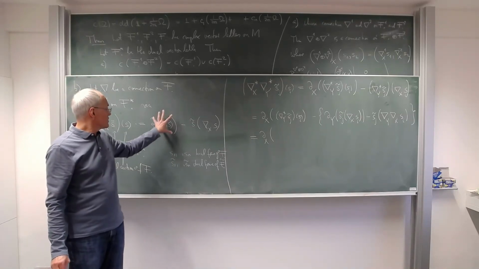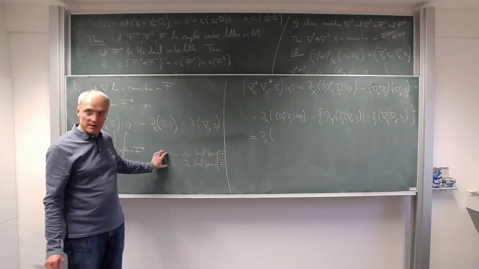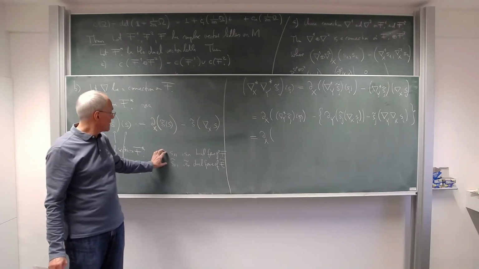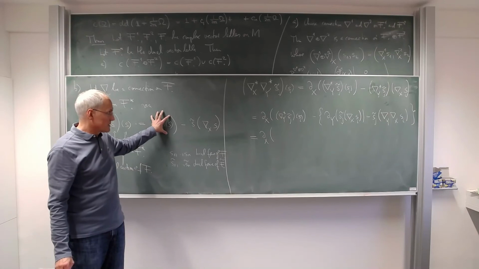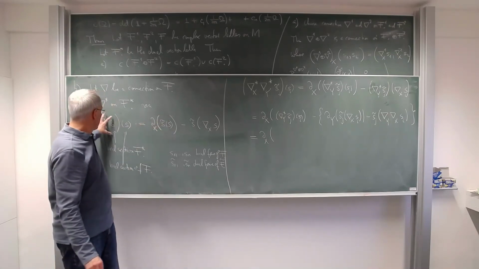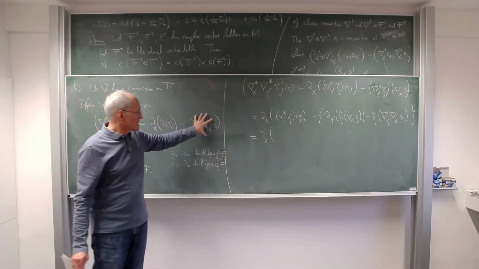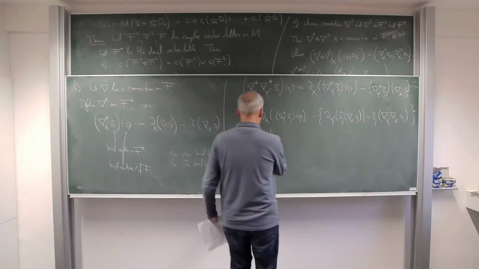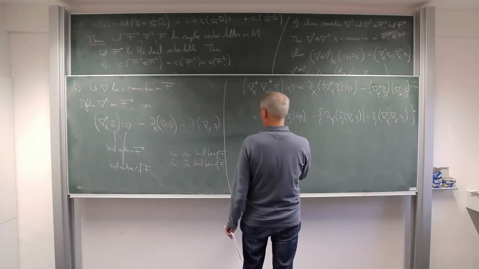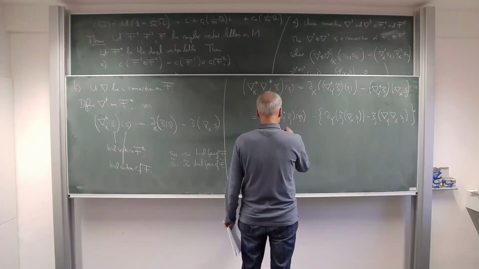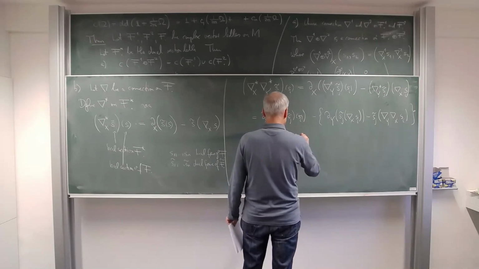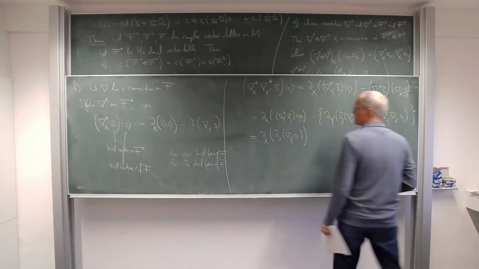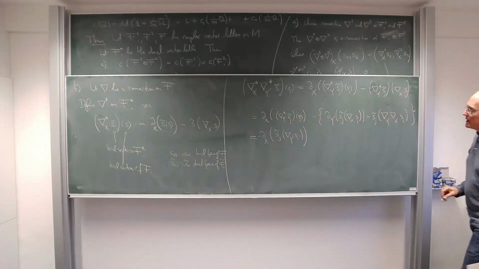So this term vanishes now, and I don't have to worry about this one anymore. So I can directly replace the left-hand side by the right-hand side. But I should not forget the sign here. So I have a minus sign, and then I have Sj tilde applied to nabla Y Si.